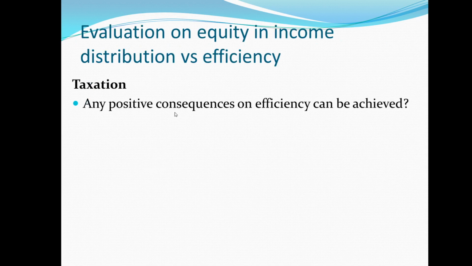So back to here. We are going to make some discussion to compare equity and efficiency when it comes to income redistribution. We are going to look at 4 of the methods and try to compare equity and efficiency. So when it comes to taxation, what positive consequences on efficiency can you realize from there?